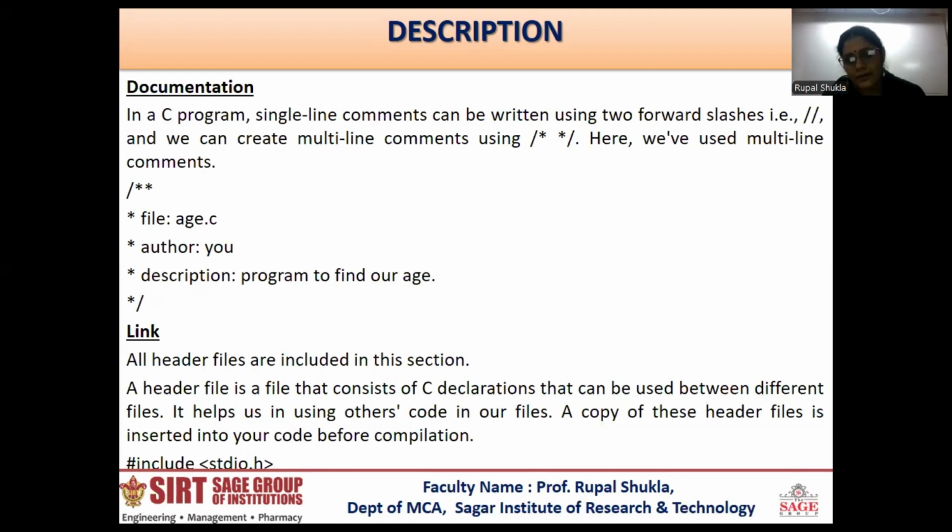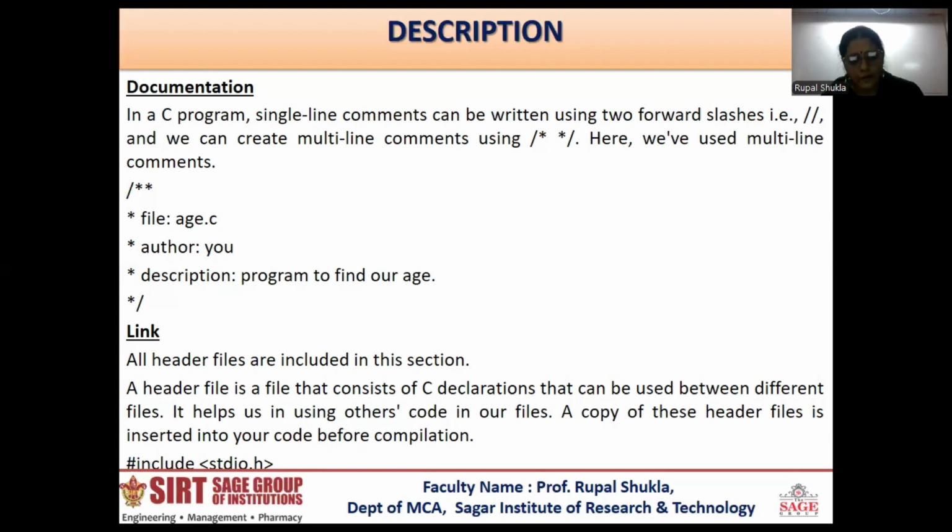When we use a multi-line comment, then we use slash and asterisk. And when we use a single line comment, then we use a double slash. So here, file h.c, author, you, and description. These all are comments.